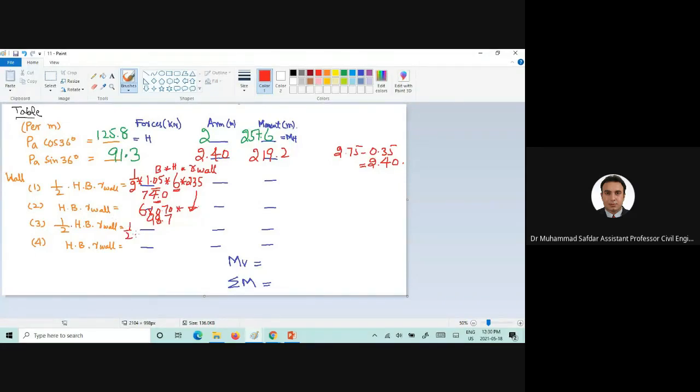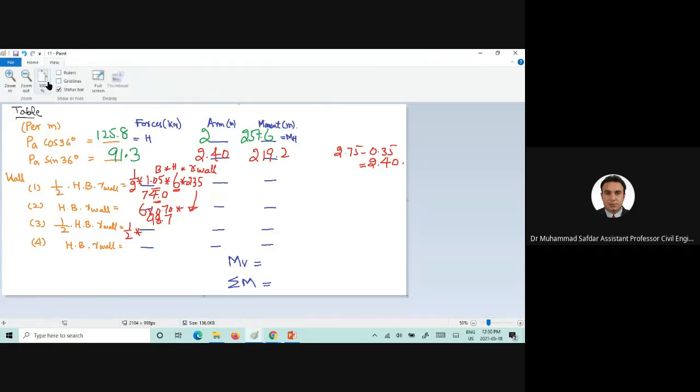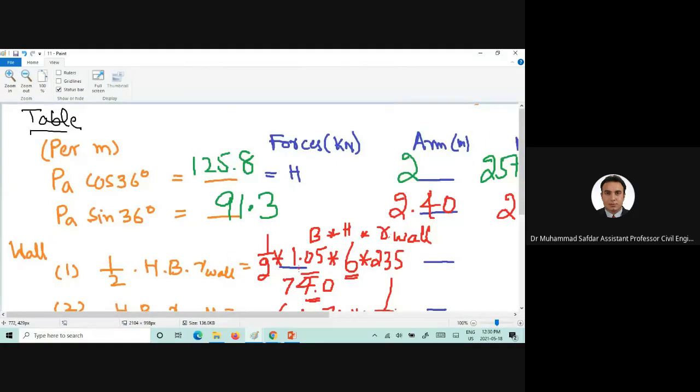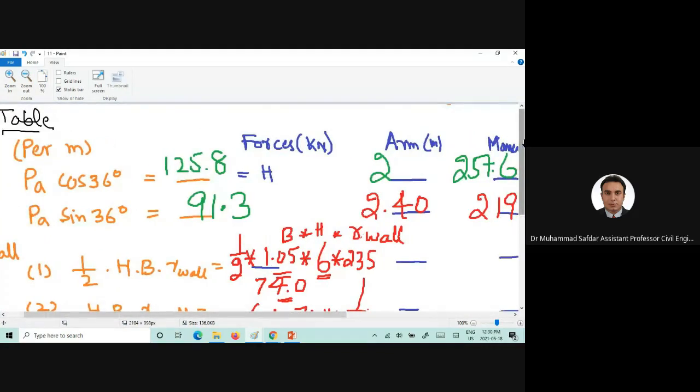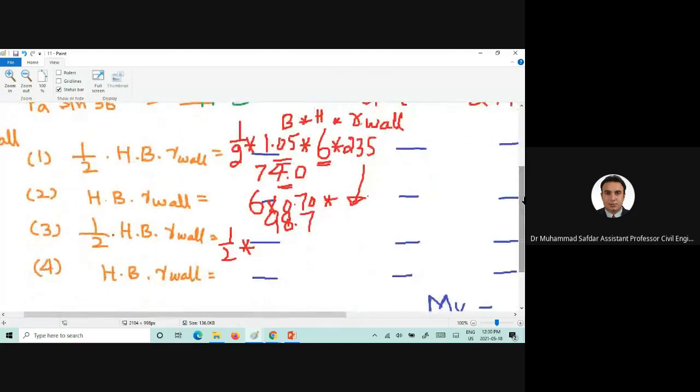Okay, let me help you here. That would be equal to 5.25 into 0.5 into the unit weight of the wall.